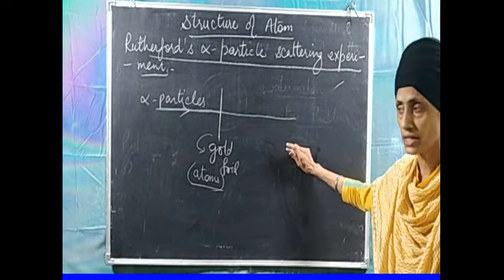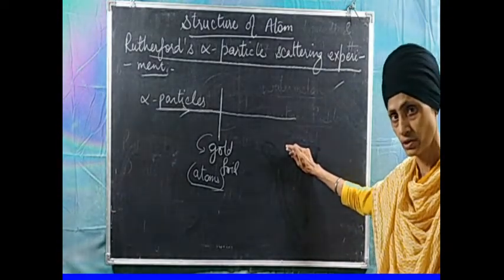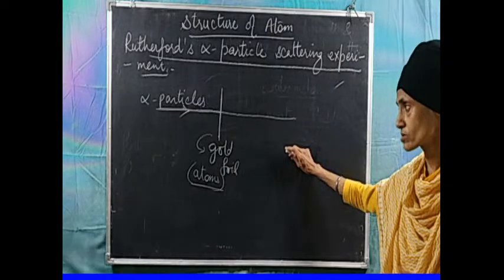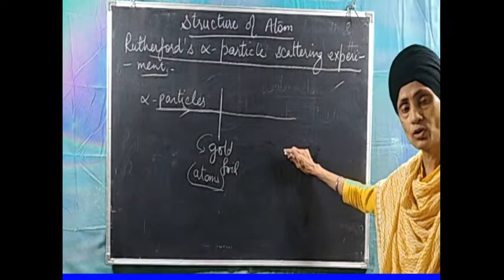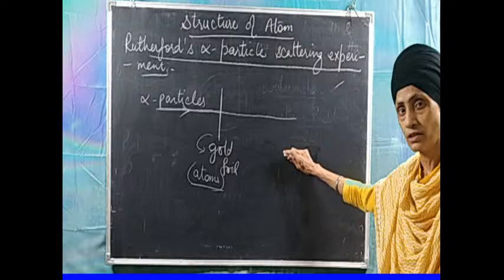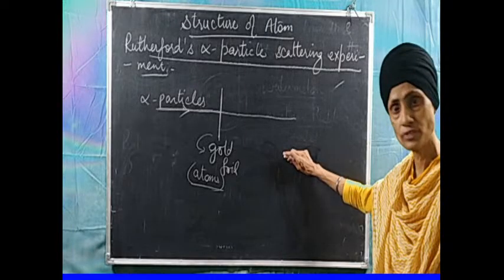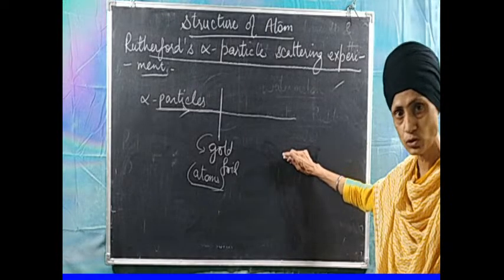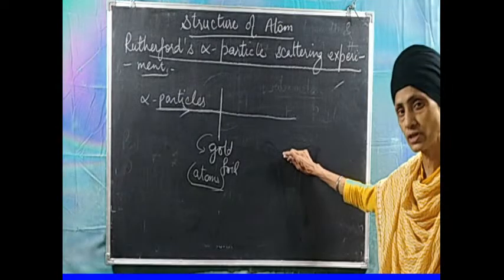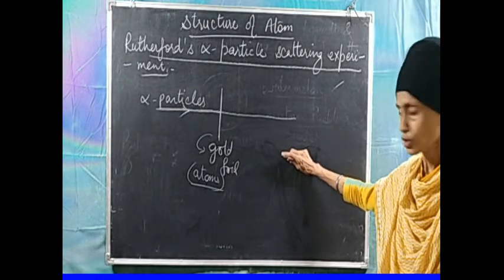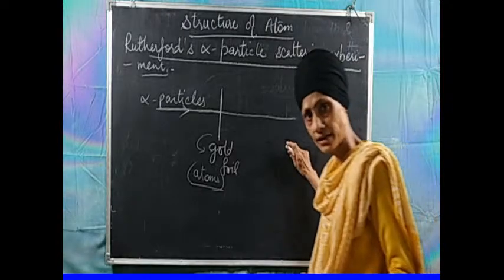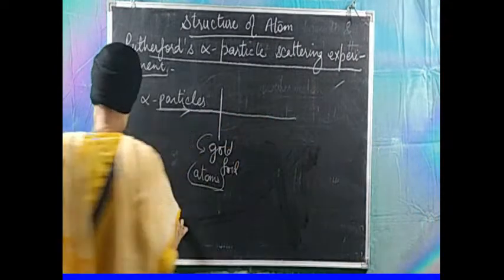So that means atoms must not be solid. Because Thomson could not explain the reason for this observation, he was not able to explain the alpha particle scattering experiment performed by Rutherford. So his model was rejected. This was the drawback of Thomson's model.